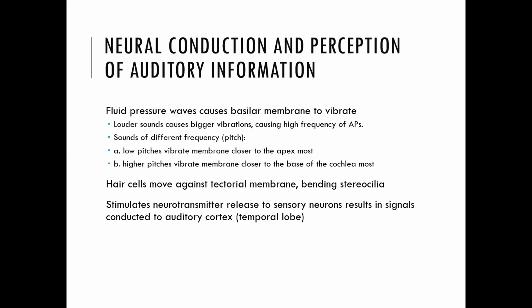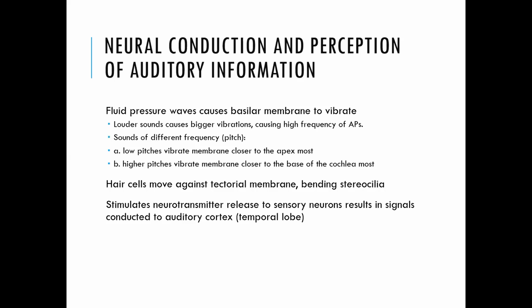If you have softer sounds, the opposite will happen: smaller vibrations and lower frequencies of action potentials. Sounds can also differ based on pitch, so you can have sounds of different frequencies. Low pitches vibrate membranes closer to the apex, whereas higher pitches vibrate membranes closer to the base. And this is how we differentiate between different pitches or frequencies of sounds.